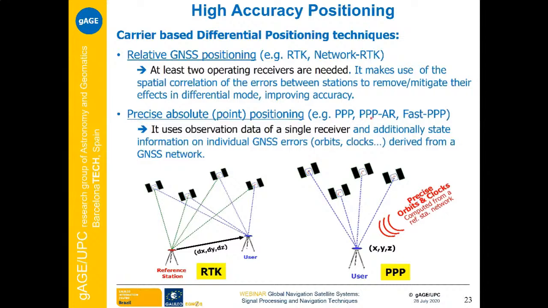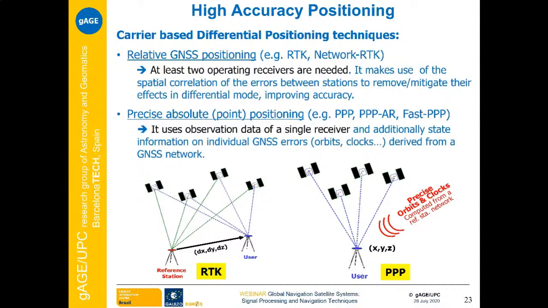Even we have precise point positioning with ambiguity fixing and fast PPP, but these other techniques, PPP with ambiguity resolution and fast PPP, are new techniques that are out of the scope of this presentation, but if you have any question, we can talk about it. The first technique is relative positioning.